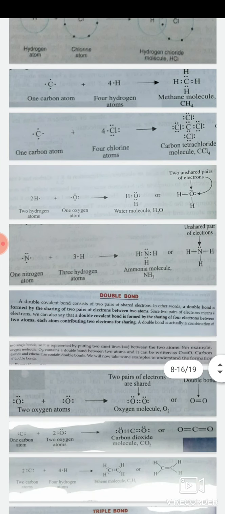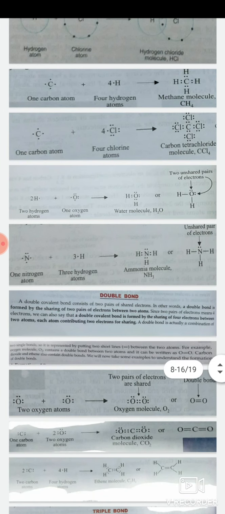Now in case of a water molecule, in the formation of water, there are 2 hydrogen atoms and 1 oxygen atom, right? In 1 oxygen atom, if you see, there are 6 valence electrons, right? By pairing, you will see there are 2 paired electrons and 2 unpaired.